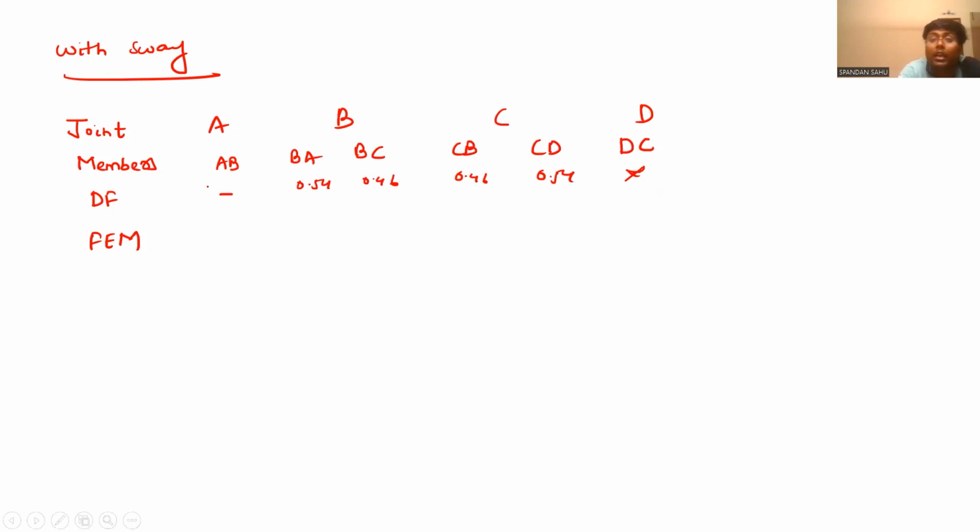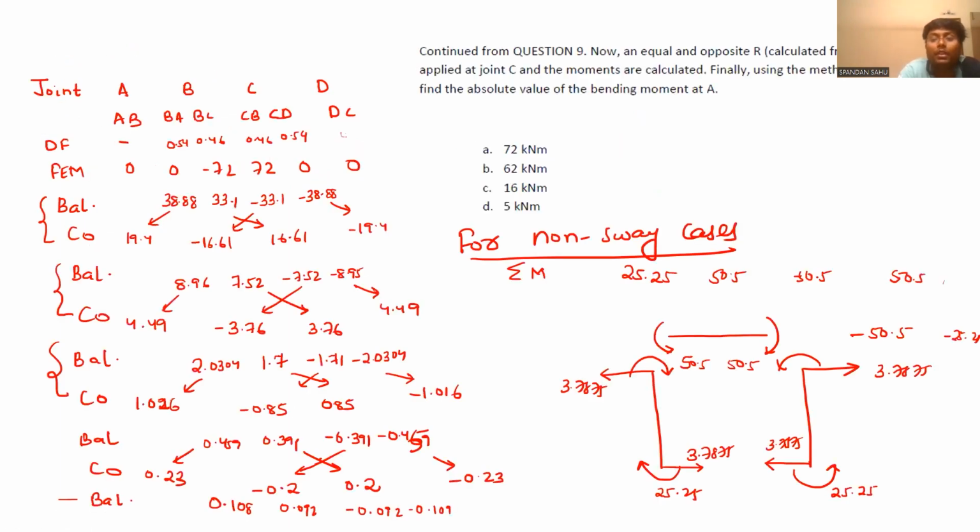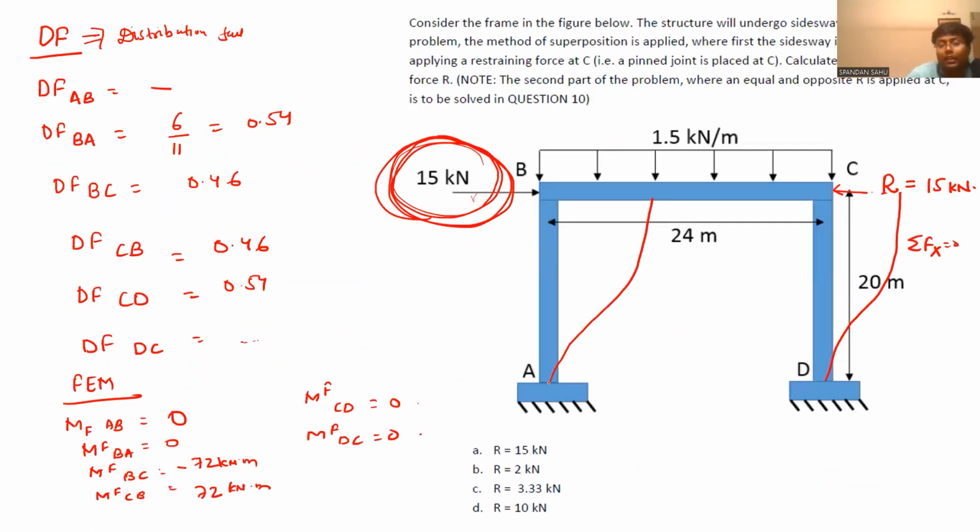Now, fixed end moments. When the column is becoming like this, the case is like a beam where one support is getting settled.